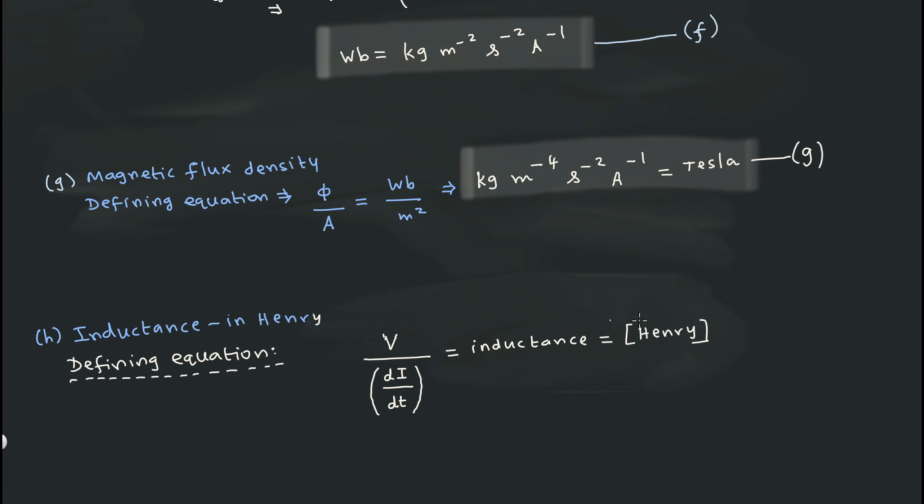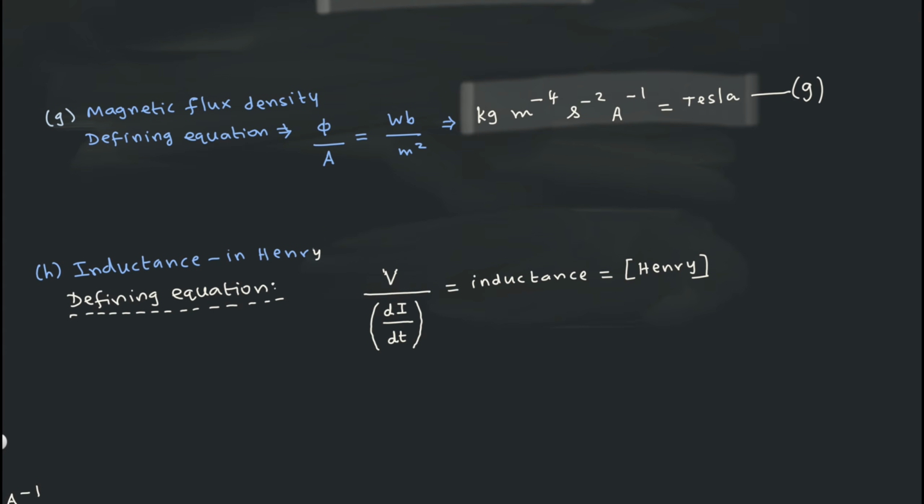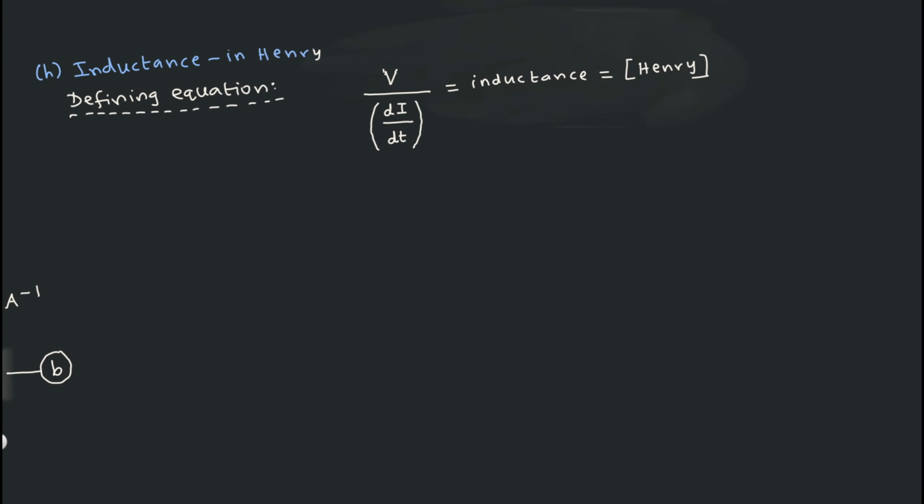So once you have this defining equation, it's very clear that all the items are known quantities. What do I mean by that? What about the volt? You already have the expression for the volt. You copy that from what we have done in the previous board.